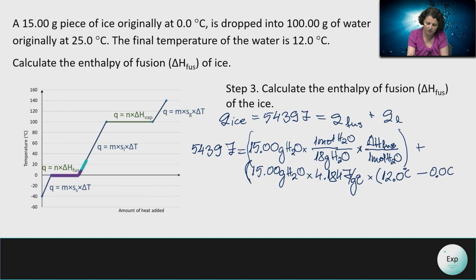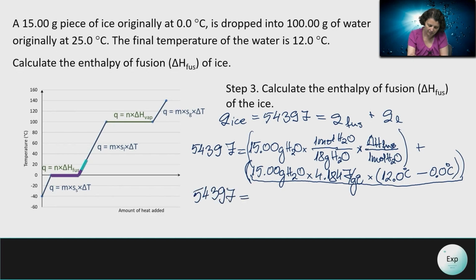Initial temperature is 0 degrees Celsius because that's what we had as the coldest water available. From here, we simply need to do our calculation. To determine the heat associated with the warming of the water, we have all the values available here. And that is going to be 376 joules.